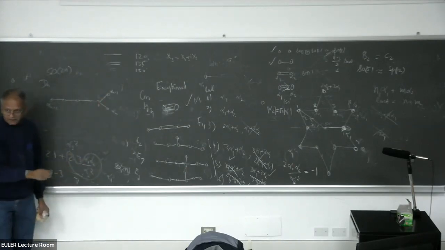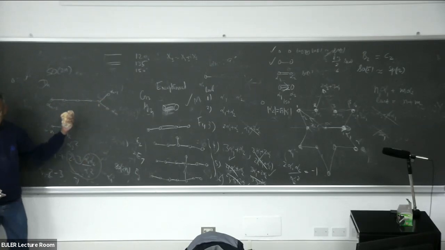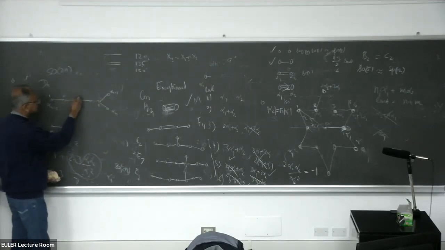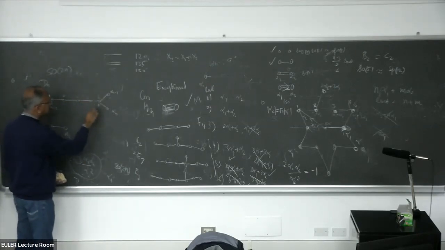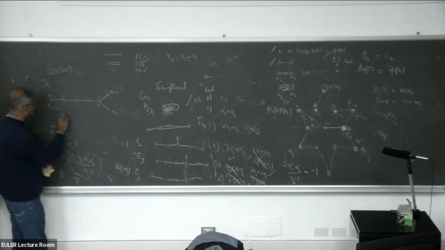Just like for SU3, we said you just specify two numbers, n1 and n2, and that defines your irreducible representation. The same thing happens here also. If you put here 1 and everything else is 0, then this gives you the vector representation of SO2n.